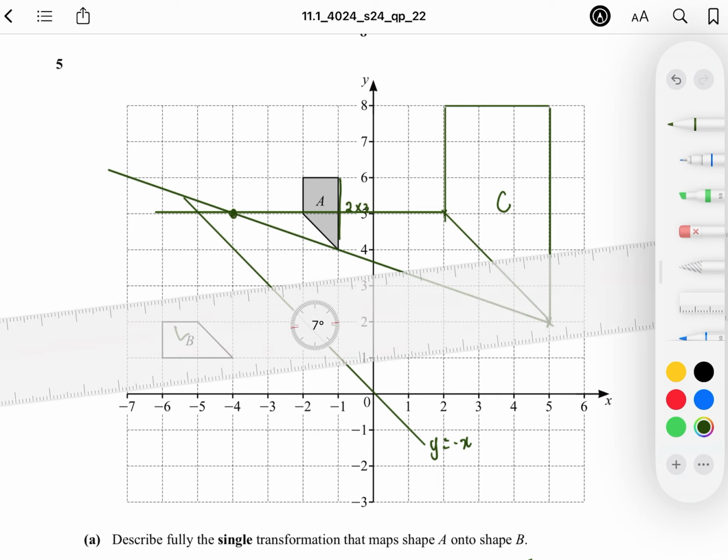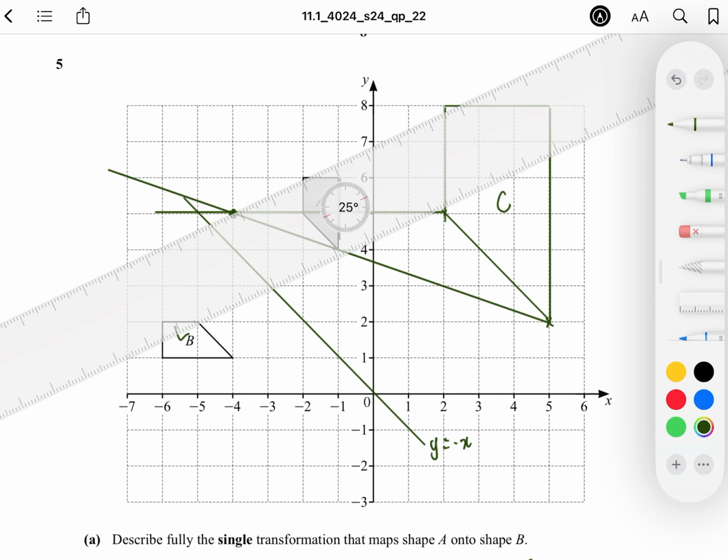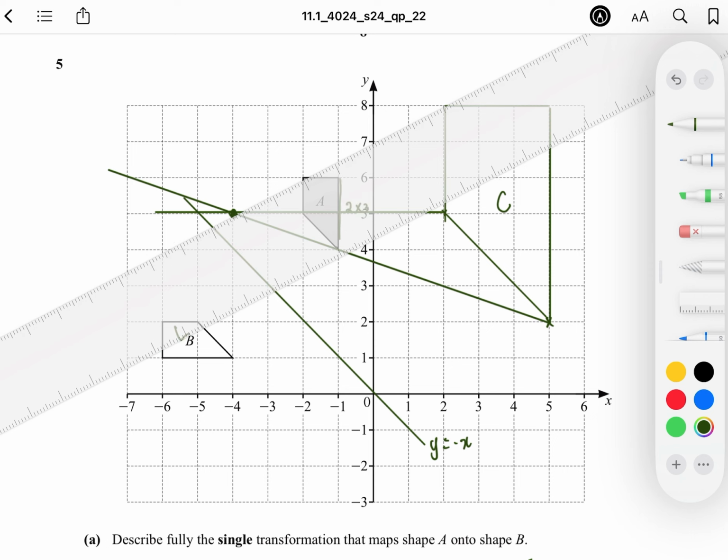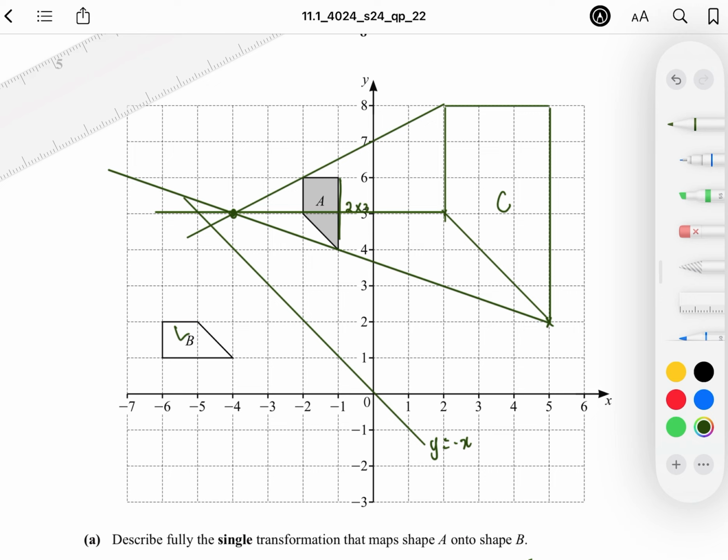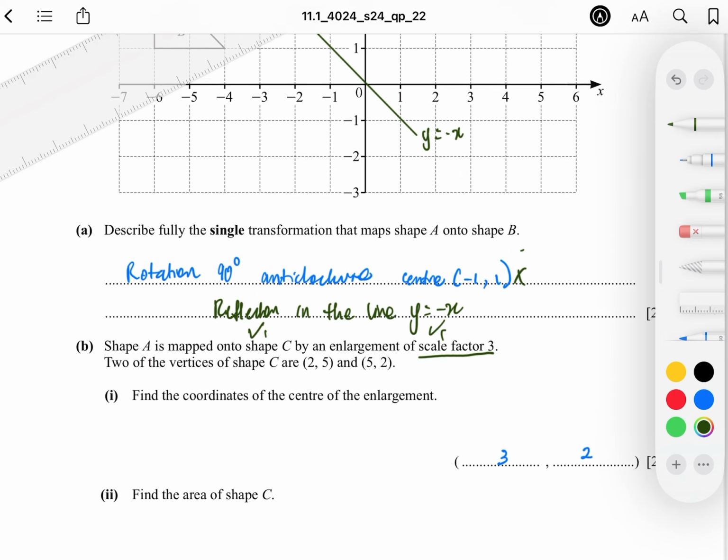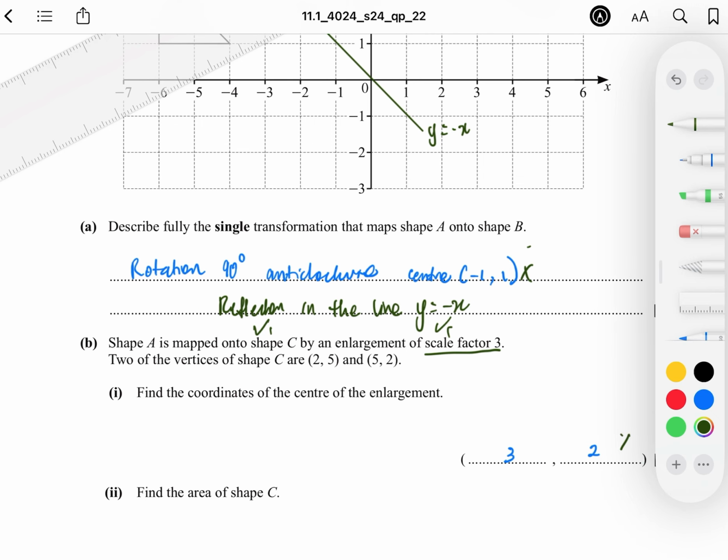But let's just confirm it with another corresponding point, join it up, and it also meets at that point. That means this is the center of enlargement. So the coordinates would be minus 4, 5. Means this is not it.